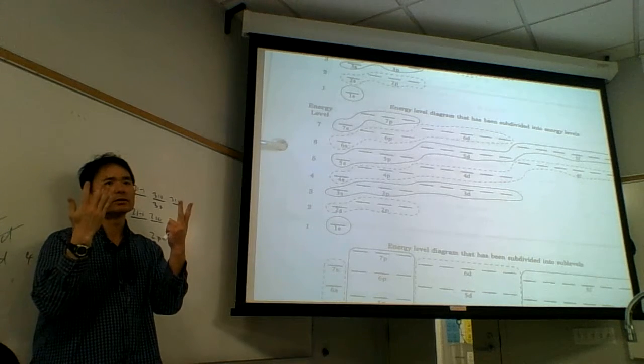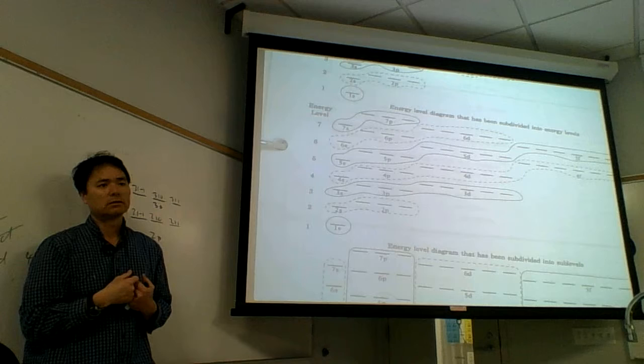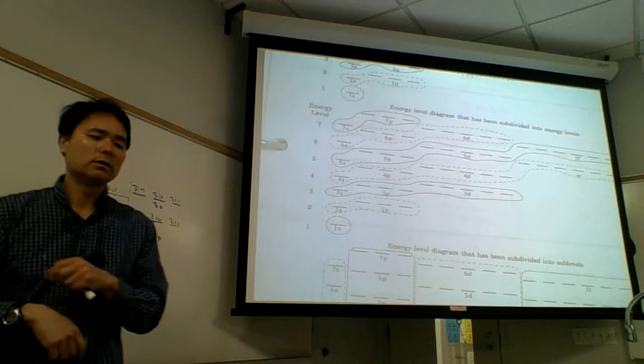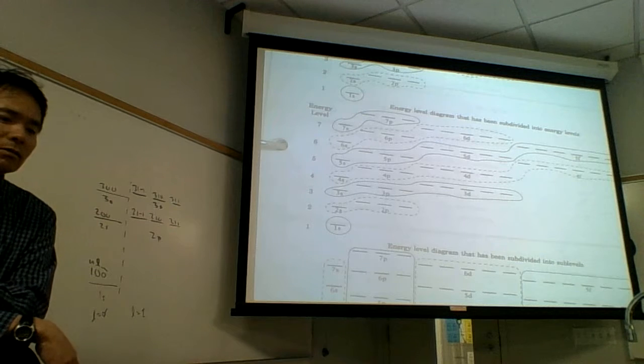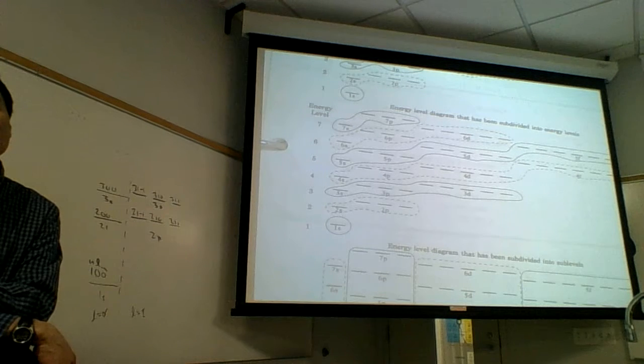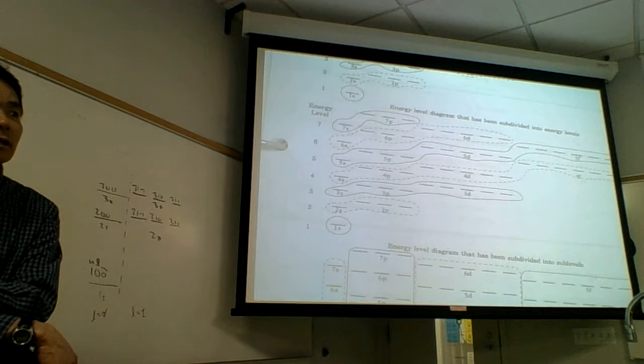That's 7 orbitals. When we get to L equals 90, how many orbitals are there when L equals 90?